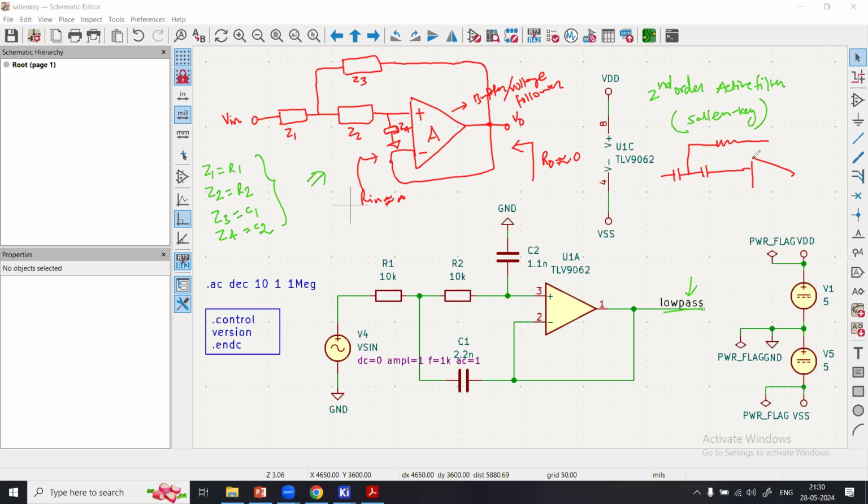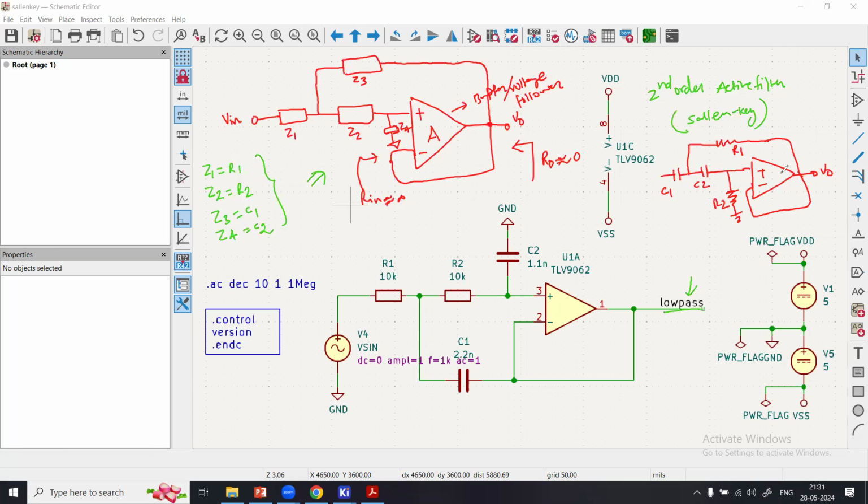And this is how I am making it. You can see that VO. And here, this is my resistor R1. This is C1, this is C2. And right here, I will have another resistor, not a capacitor. Let me draw here. So this is R2.